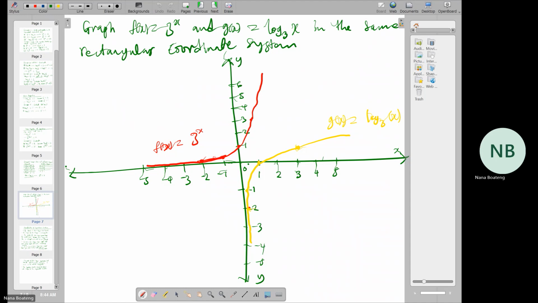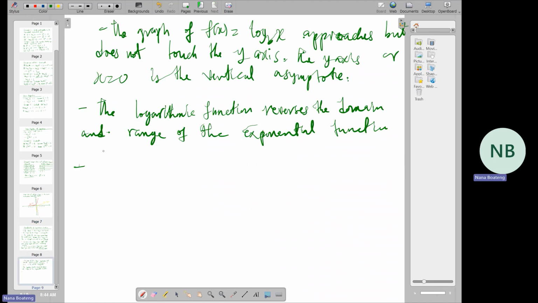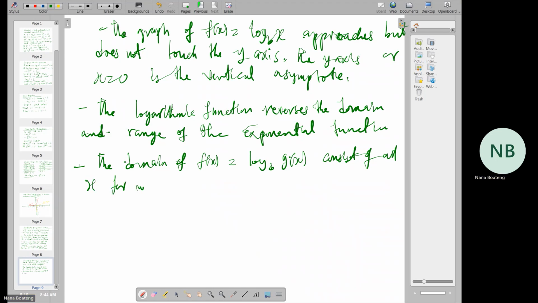And additionally, the domain of f of x equals log base b of g of x consists of all x for which g of x is greater than 0.